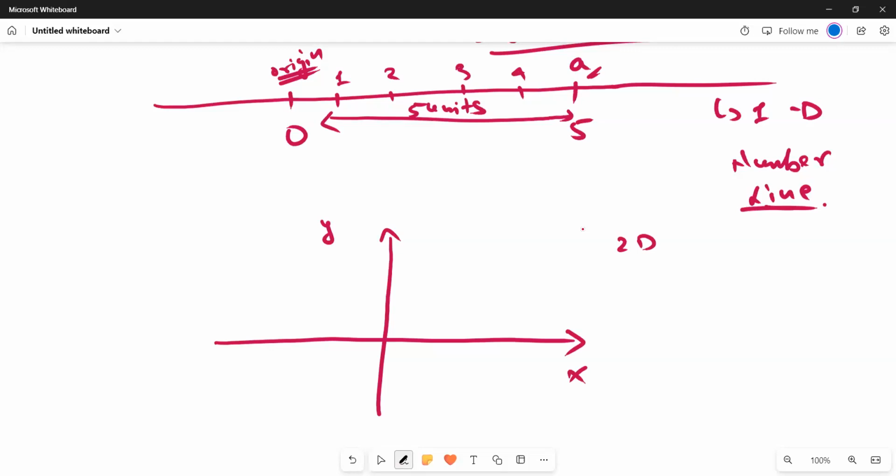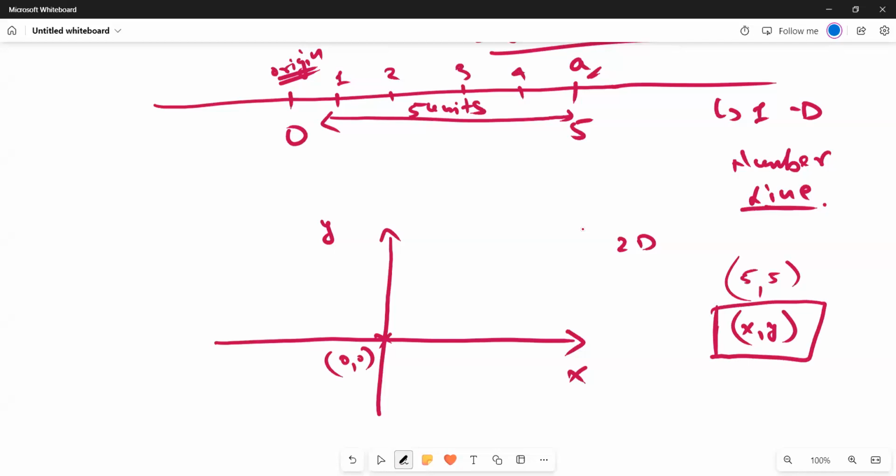You can represent any point on this. Maybe let's say if you want to represent 5, 5. So as usual, this point is your origin, which is 0, 0, right? So I'll move 5 units in the x-axis. So this basically is represented like this, right? So generally we represent two-dimensional data like this, x, y.